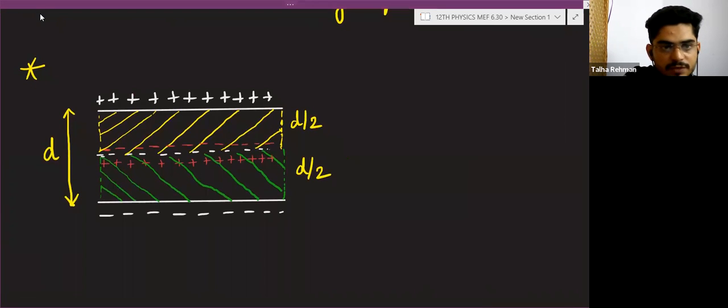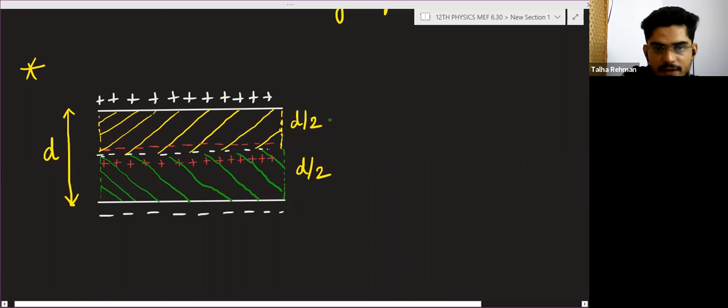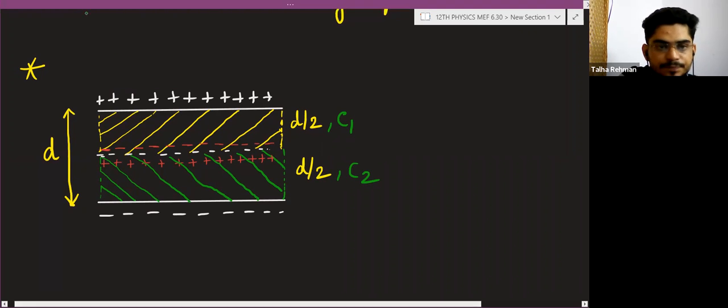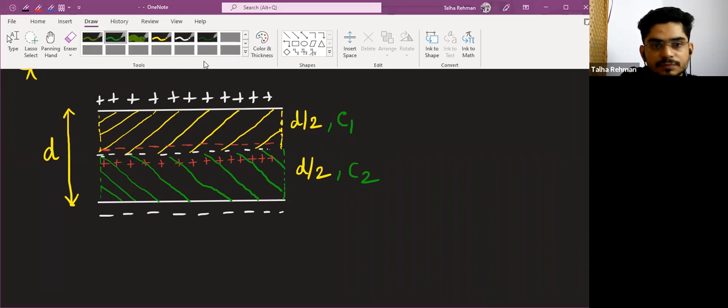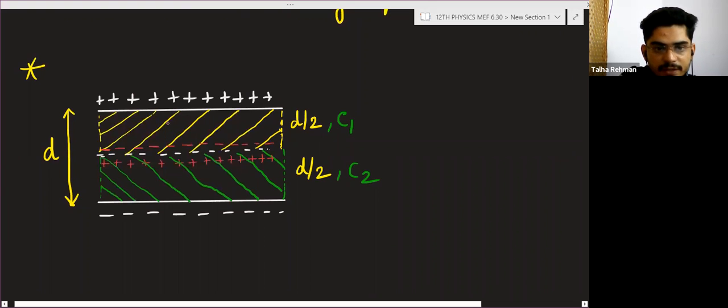So for this, if I want to calculate the C1, here in the distance d by 2, this is one capacitor having the capacitance C1, this is C2, and in this I am filling the dielectric with constant K1, and this with K2.